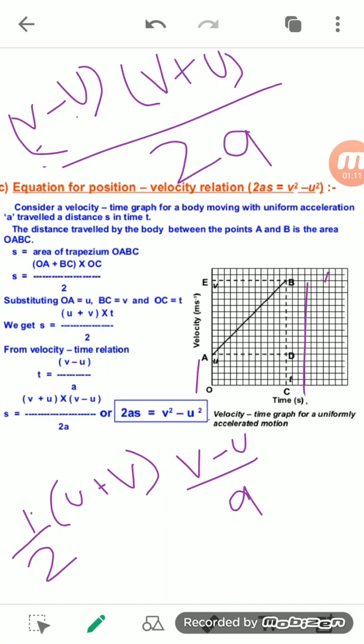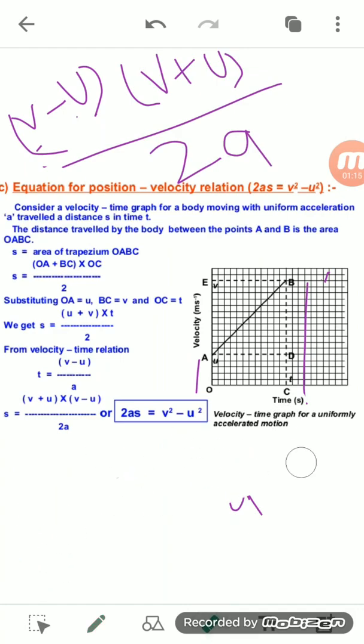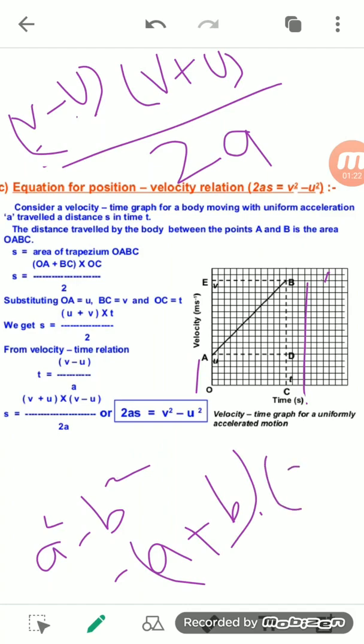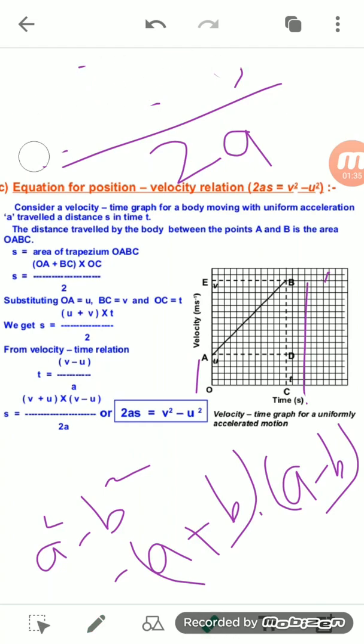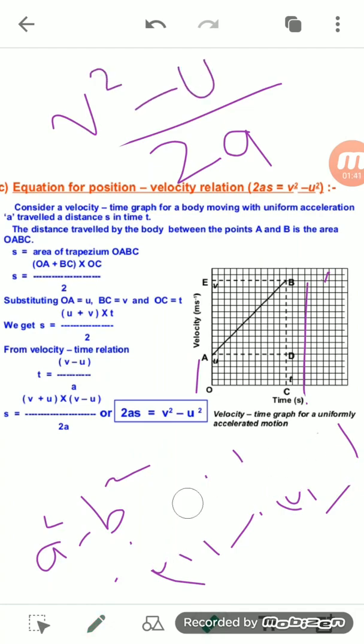Okay, so you know the formula A square minus B square is equal to A plus B into A minus B. The same here also, V minus U, V plus U, so this is also equal to V square minus U square. So we can write it here as V square minus U square. Okay, so this is the equation.